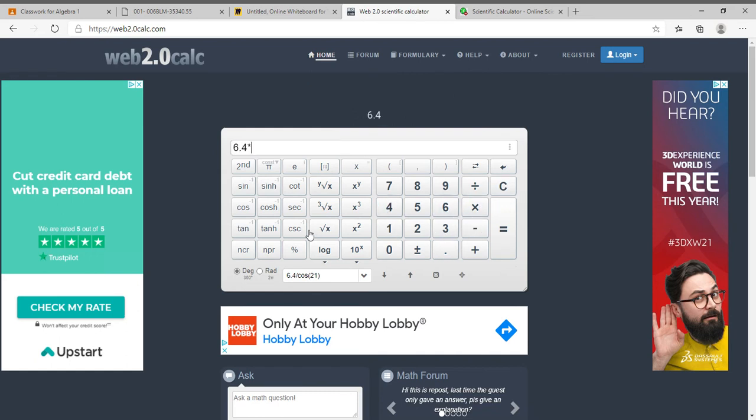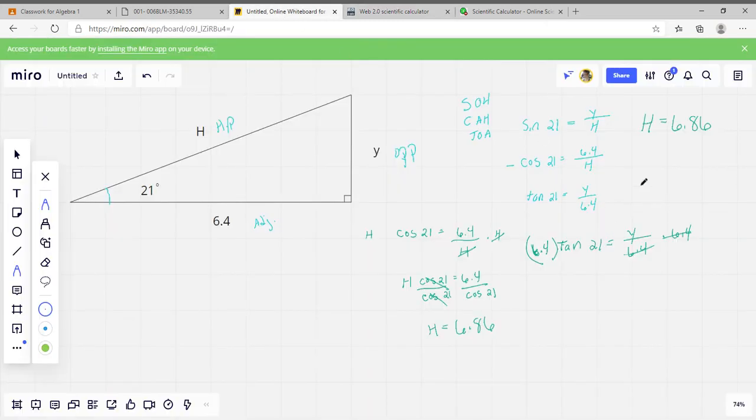I get 2.4567, which rounds to 2.46. So y equals 2.46. All right, and that's our answer. We don't have any angles we have to look for or anything like that. That's the answer, h and y.